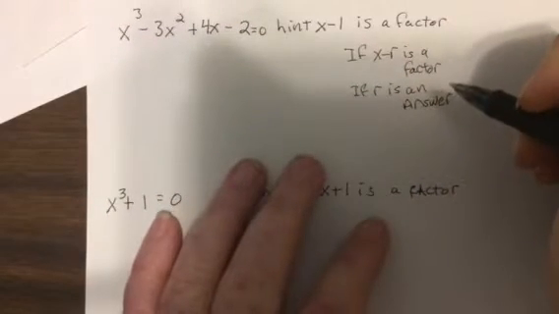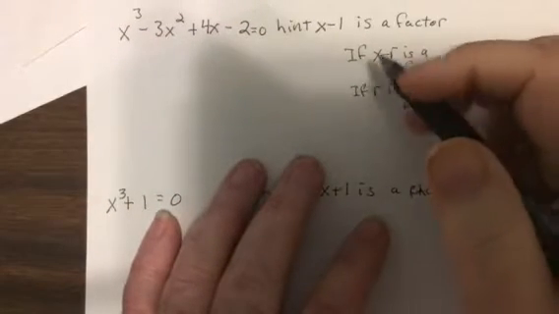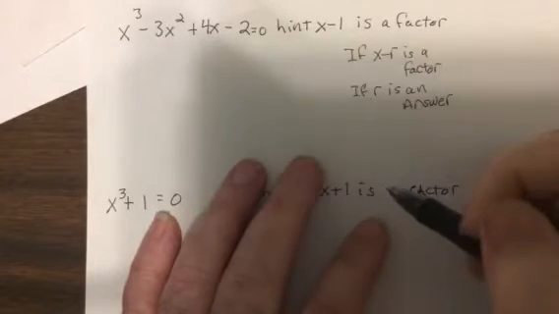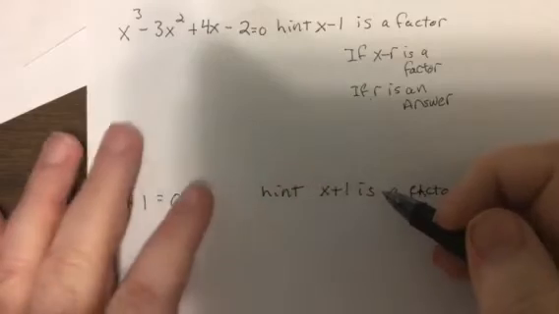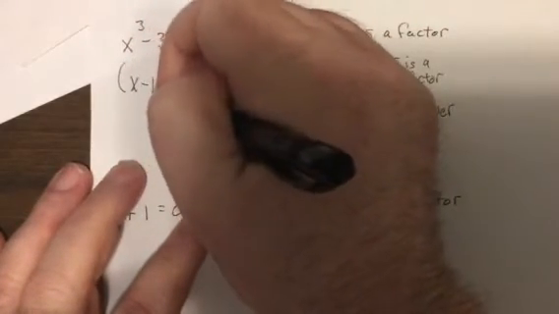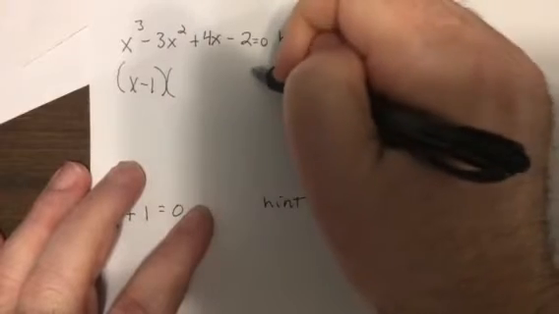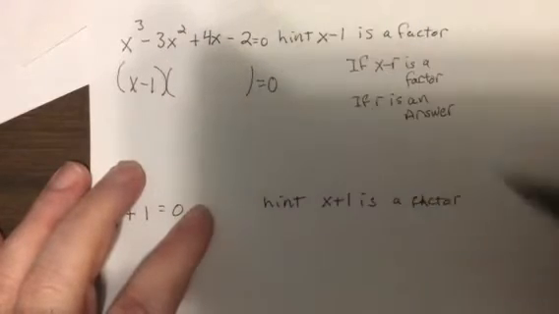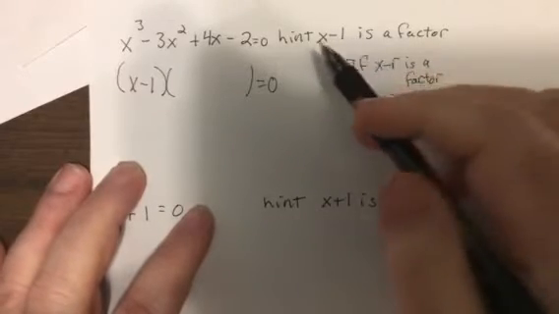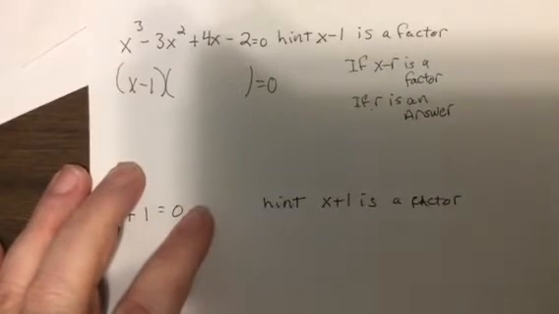If I can find an answer, I can factor this up. They actually give us a factor, so I know I can break this up into x minus 1 times something, because x minus 1 is a factor. We're told that. If we're not told that, we'll work on that Monday.